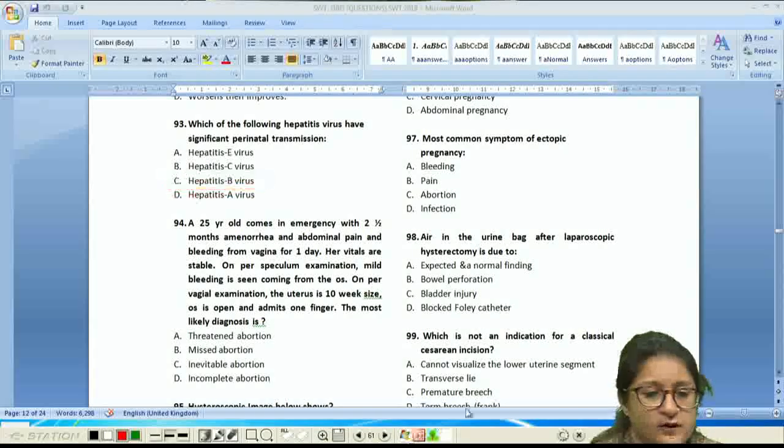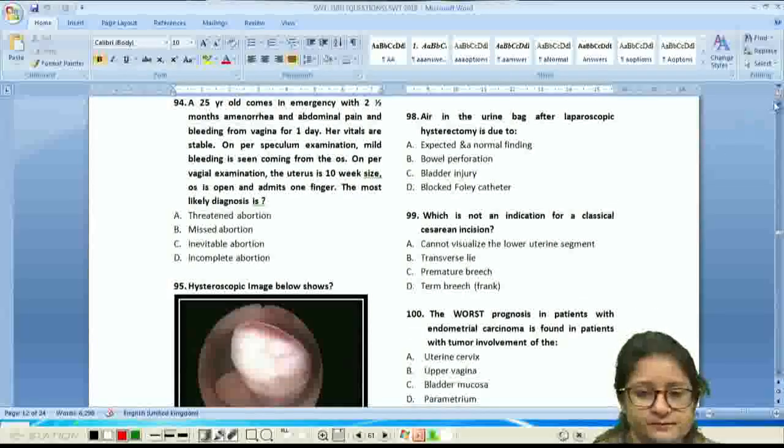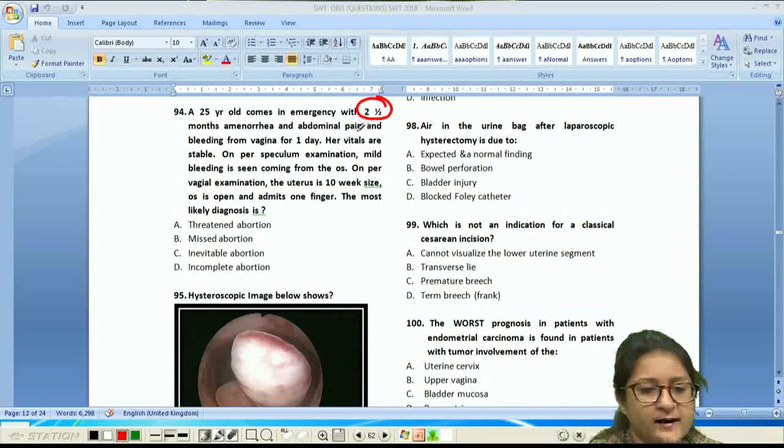Question number 94: a 25-year-old comes in emergency with 2.5-month amenorrhea, abdominal pain, and bleeding per vagina for 1 day. Vitals are stable, with mild bleeding through the os.